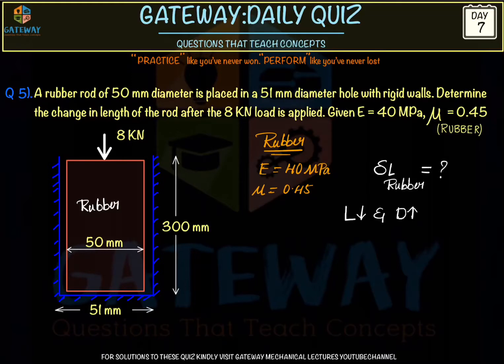So first of all we will define the plane, or the directions. This is our rubber material, nothing but rubber rod, and let these be the directions. This is x direction, and this is y direction, and this is z direction, right?